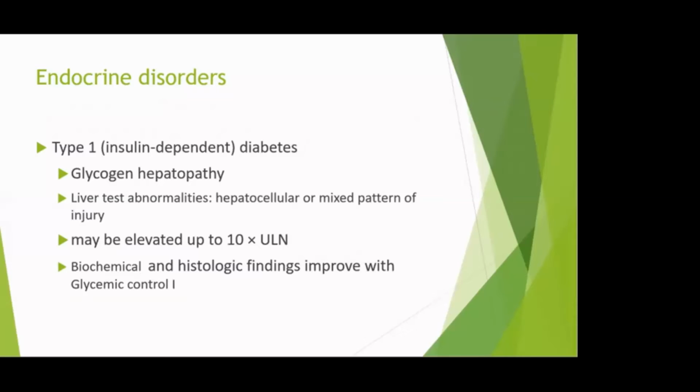Liver test abnormalities usually show a hepatocellular or mixed pattern of injury, and may be elevated up to 10 times the upper limit of normal. Histologically, you can determine that by the presence of ground glass appearing cytoplasm. You can also have giant mitochondria, etc. The biochemical and histologic findings improve with glycemic control.